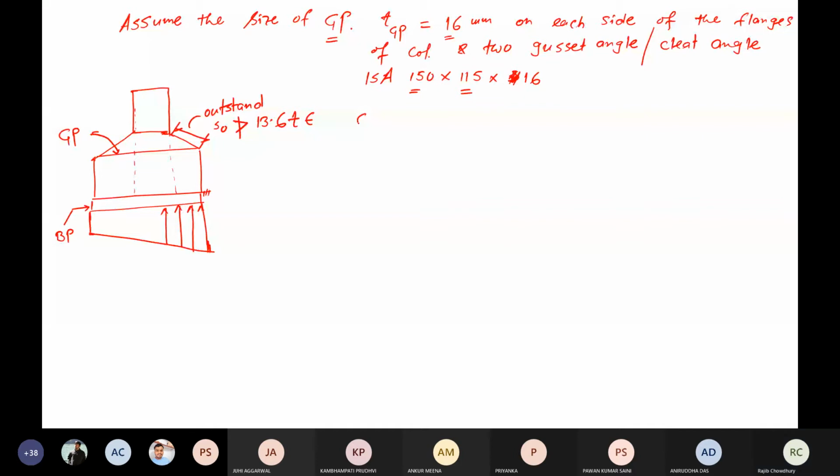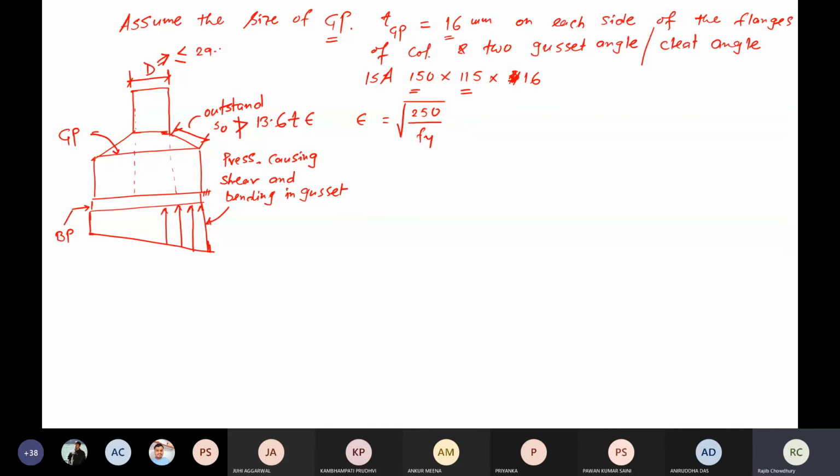And sometimes what I prefer to take is that this particular D should be less than or equal to T of GP. This is coming from some practical design point of view. T of GP stands for the thickness of the gusset plate when it is being welded to the column flange.